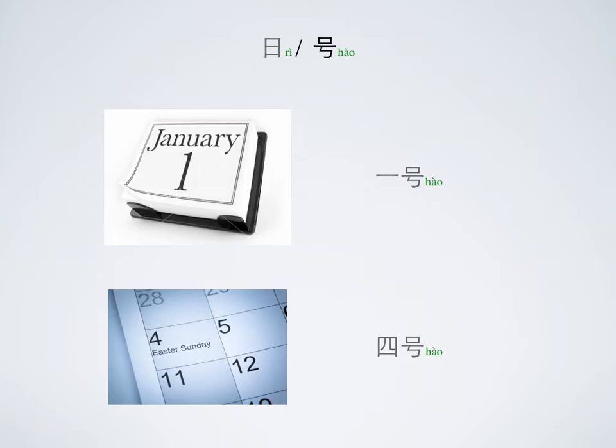So for example, January 1st, the first day of the month, we say 一号. 1号, okay? Personally, I would not use 一日, okay? The Easter Sunday, next picture, Easter Sunday is the fourth day of the month. So we say 4号, okay?